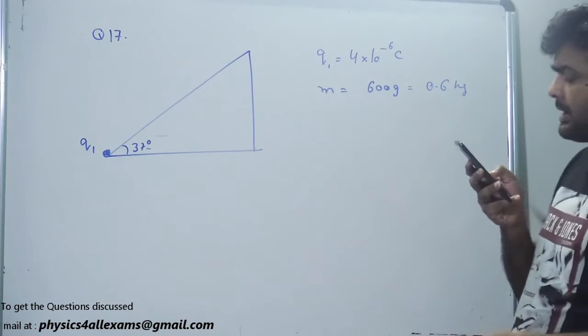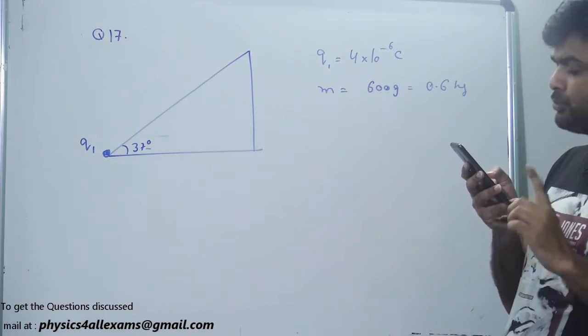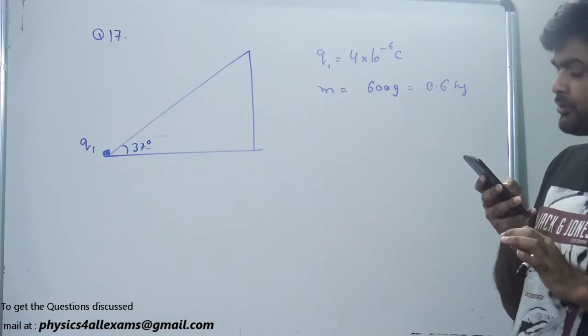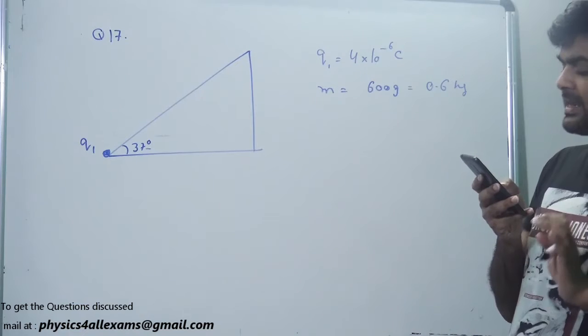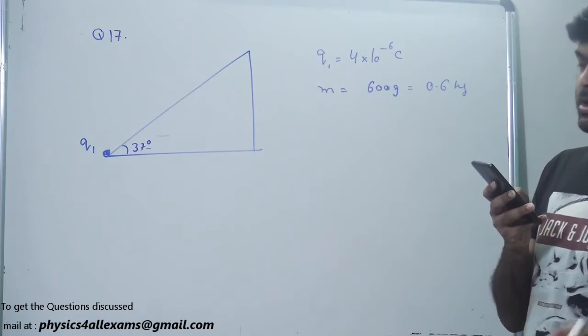So a particle A having this charge and mass is fixed at the bottom of a smooth inclined plane of inclination 37 degree. Where should another particle B having same charge and mass be placed on the inclined plane so that it may remain in equilibrium?